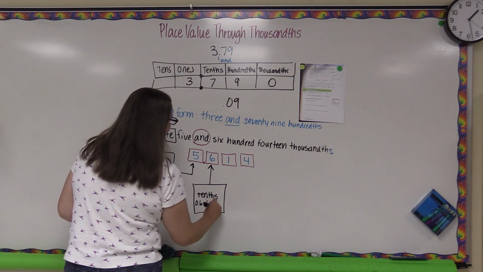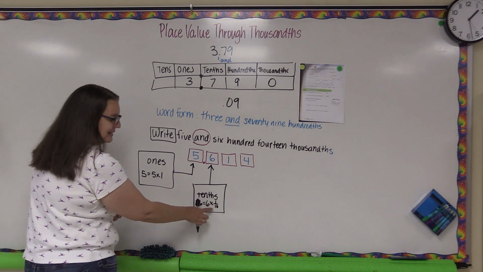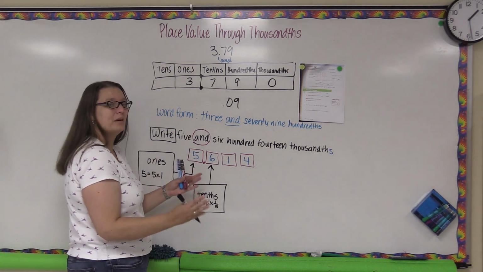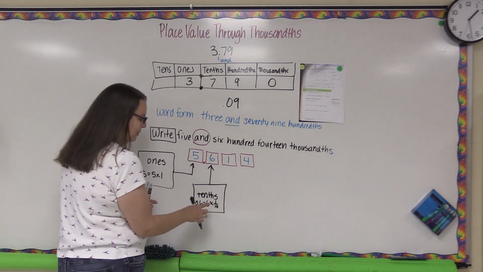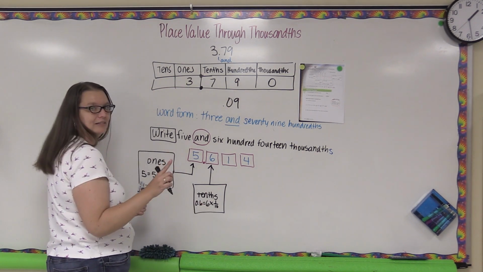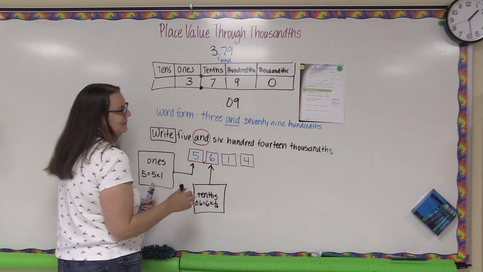That is 6 times 1 tenth. The reason it's a fraction is because it's a part of a number. It's not a whole number, remember, because it's to the right of the decimal. This is a 6 in the tenths place. And we write that like this. 6 times 1 tenth. Right? Because if we did that, we'd have 6 tenths. And that's what that number is.